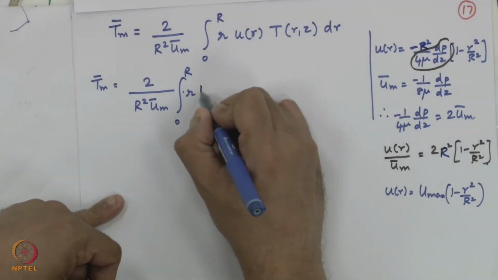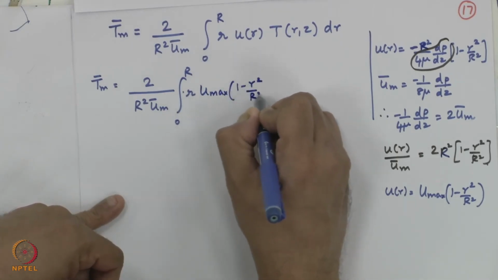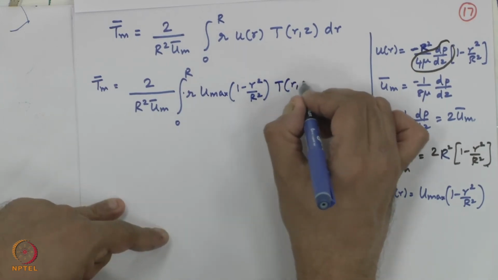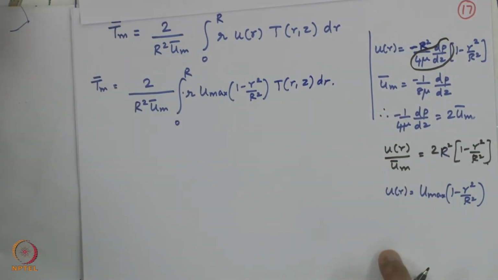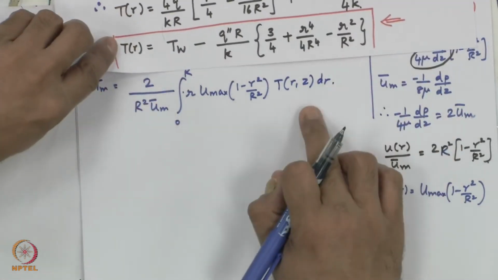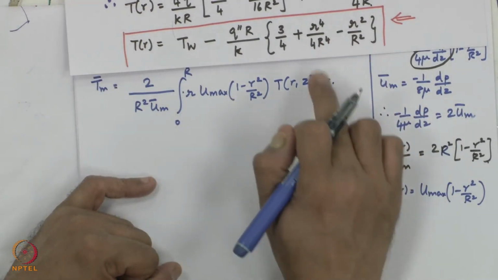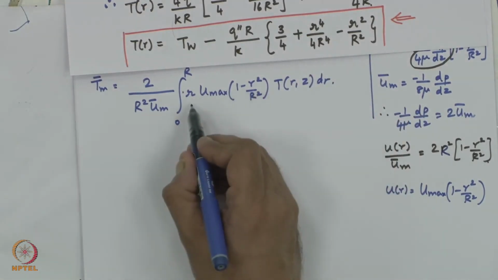So, I substitute this as u max into 1 minus r squared by R squared, and substitute for T of r, z. You put this expression here, and this expression here. Please remember that this quantity has several r here. This has an r squared, this has an r.